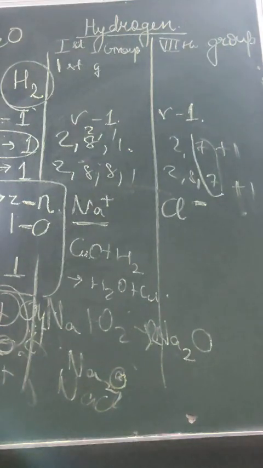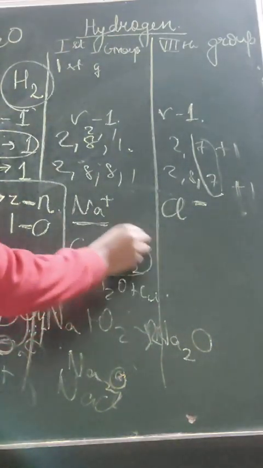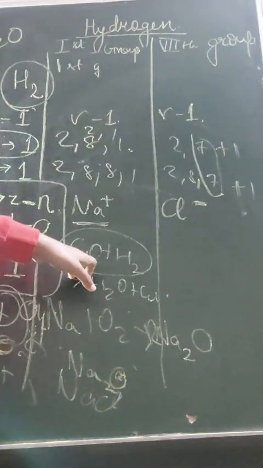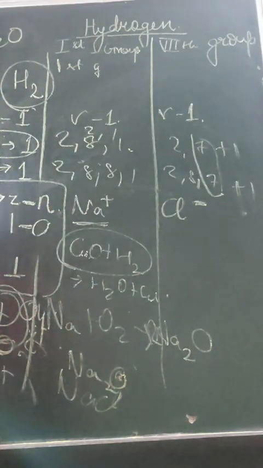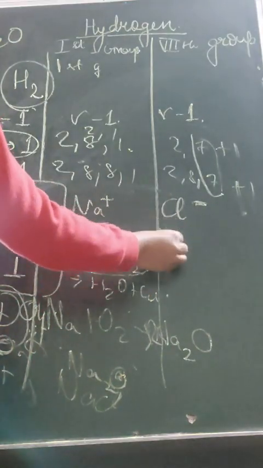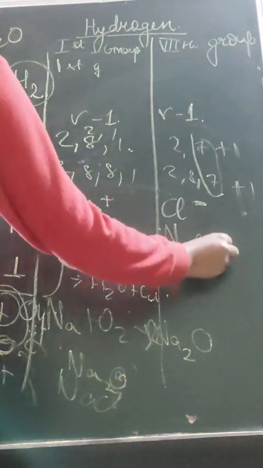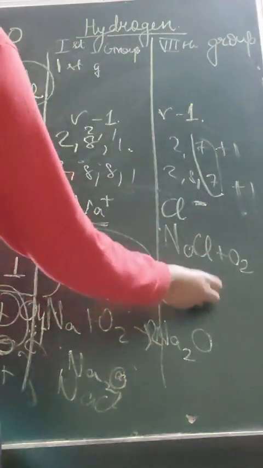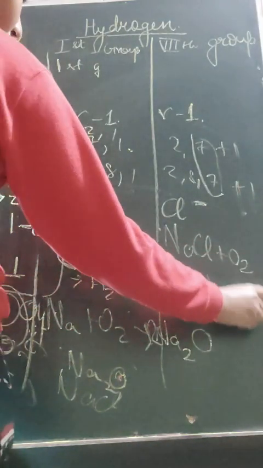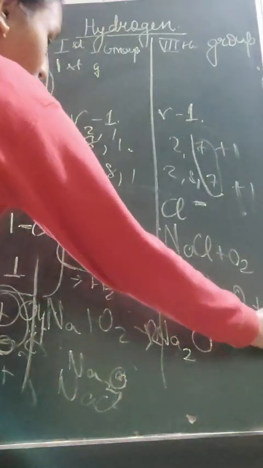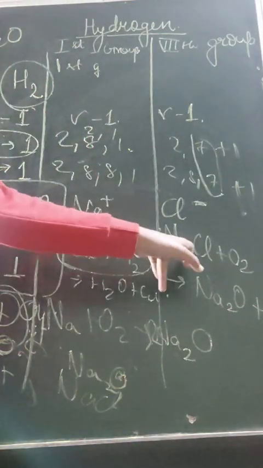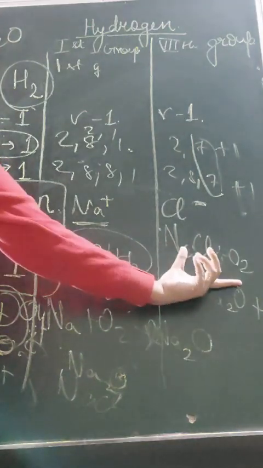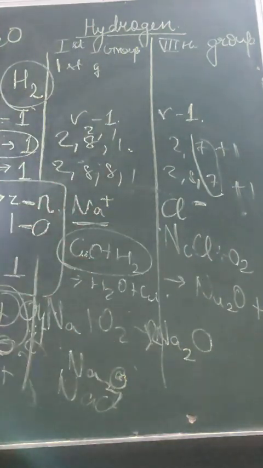Now, these halogens have the oxidizing property. Like suppose NaCl plus O2 will give what? Na2O plus Cl2, because this chlorine will help sodium and oxygen combine with each other.